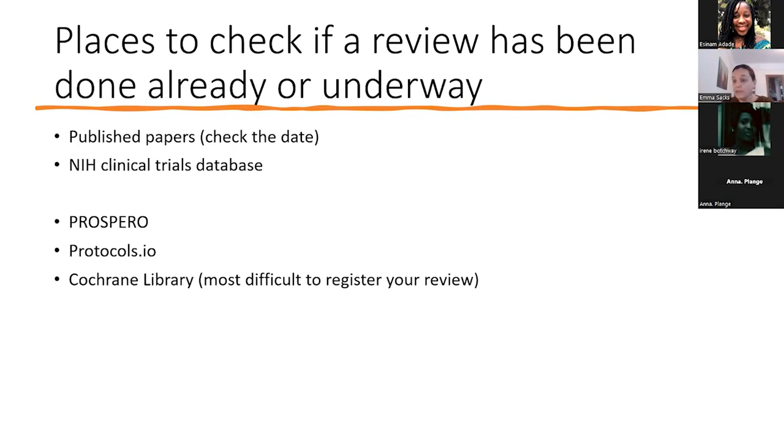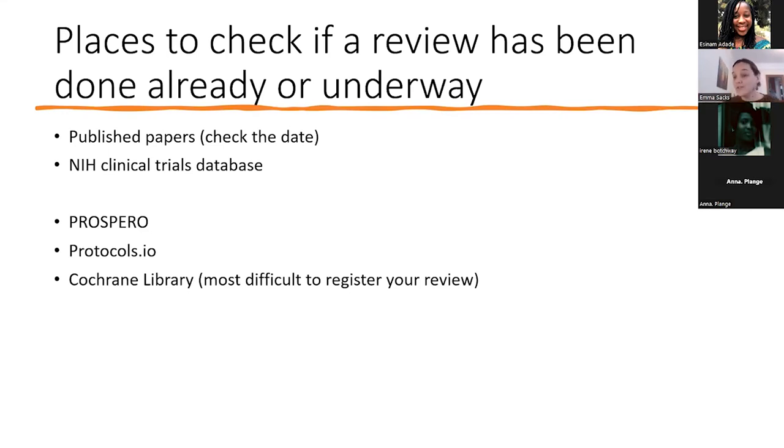Prospero is one that's mainly for qualitative reviews. Protocols.io, I think, takes any kind of review. Cochrane Library is a great place to search. They publish the results of all of their reviews. It's the most difficult to register your review, which I'll talk about in a second.